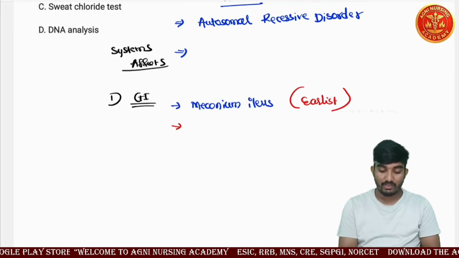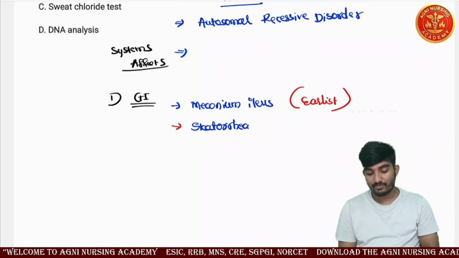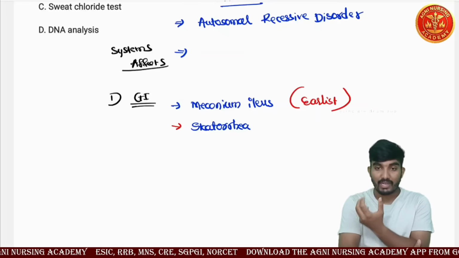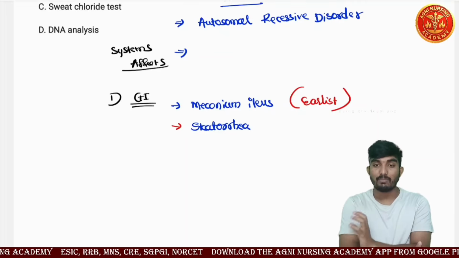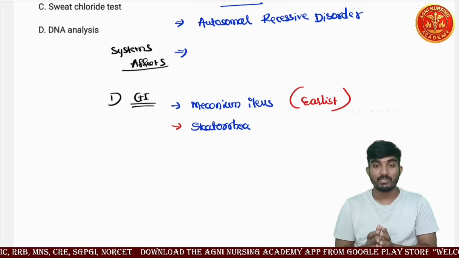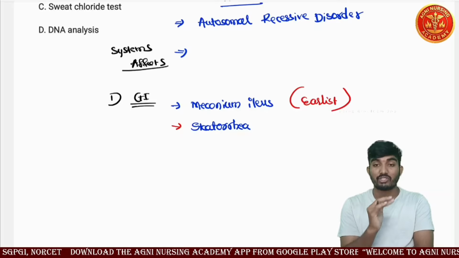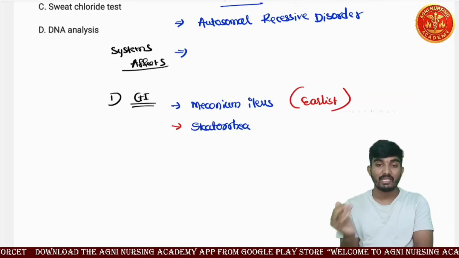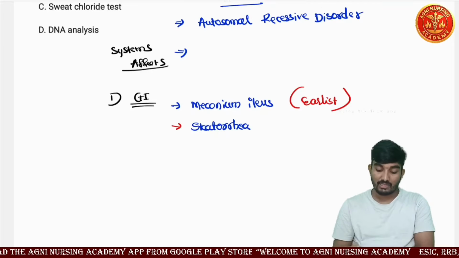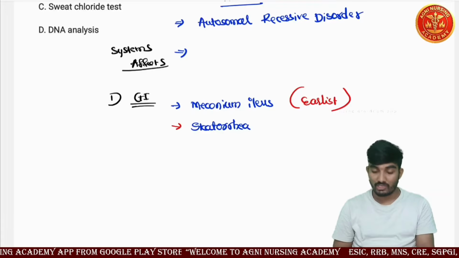Another one is steatorrhea. Steatorrhea means fat in the stool, because the pancreatic lipase enzyme, which helps digest fat and fat soluble vitamins, is absent in cystic fibrosis. The pancreatic secretion that helps to digest fat is absent, so fat is present in the stool. That's why steatorrhea occurs.